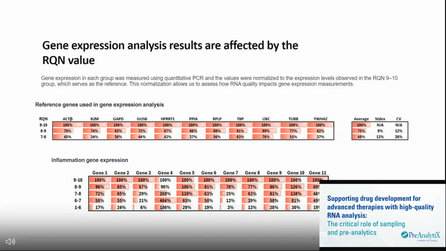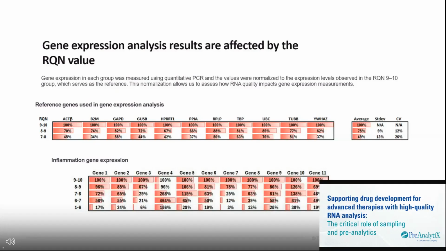And this tells us two key things. First, that RNA degradation clearly impacts measured expression levels. And second, it underscores the importance of carefully selecting and qualifying your reference gene, both in terms of number and biological relevance to your specific application.